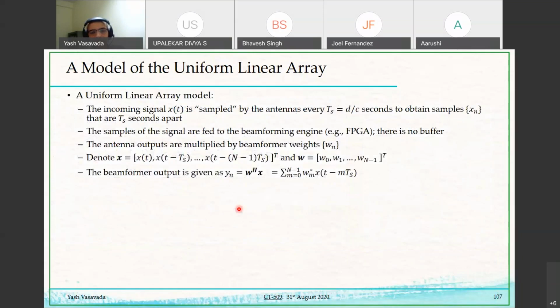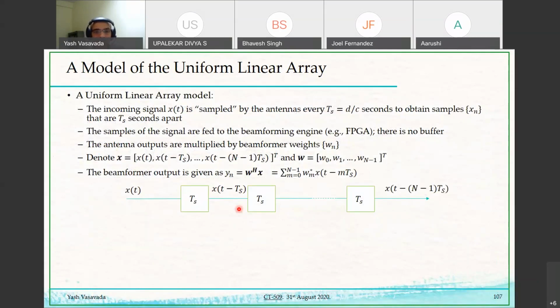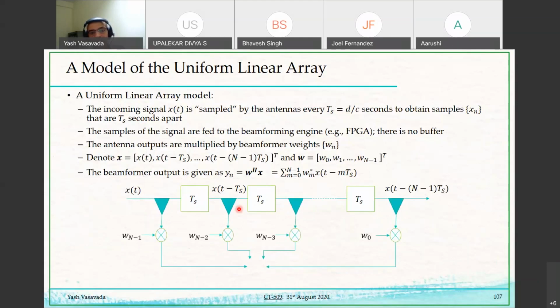will remain the same. So you remember that when we started, pretty much in the second lecture itself, we had drawn a diagram of the tap delay line model of the FIR filters. I'm going to repeat exactly the same diagram, but now instead of representing the tap delay line filters, this diagram is going to represent the beamformer. These triangles are the antenna elements.